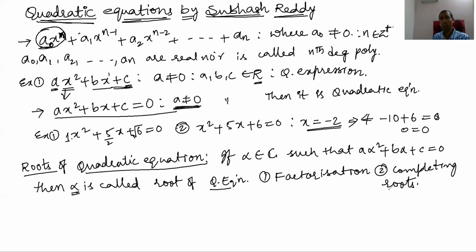By completing the squares you get the formula. What is that formula? Minus b plus or minus root of b square minus 4ac, by 2a. Now we are going to find the roots using the completing the squares method.